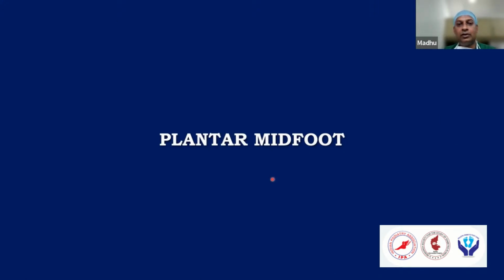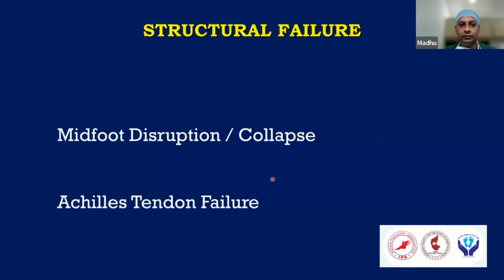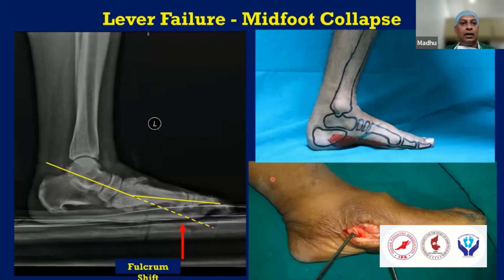So next, coming to the plantar midfoot. A midfoot ulcer is usually due to a structural collapse of the foot. It can occur because of midfoot disruption or collapse, or an Achilles tendon failure sometimes. So a lever failure, this is what occurs in a midfoot collapse.